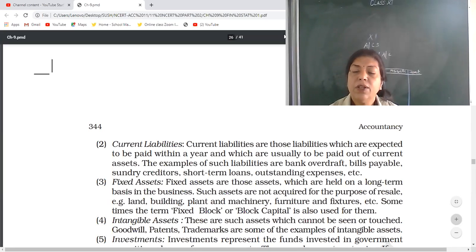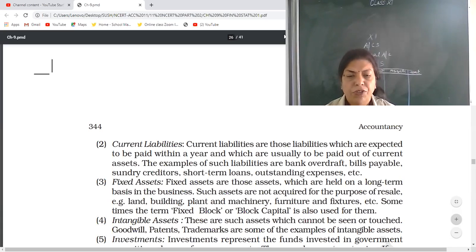Now, in your environment, see nearby what are the current assets you have. Yes, cash balance, very good answer, bank balance. So fixed assets are those assets which are held on a long-term basis in the business. Such assets are not acquired for the purpose of resale. Land and building, plant and machinery, furniture and fixture.